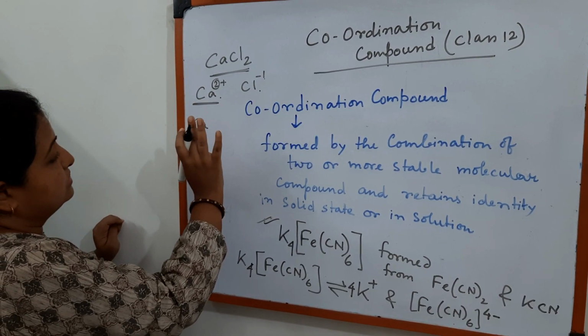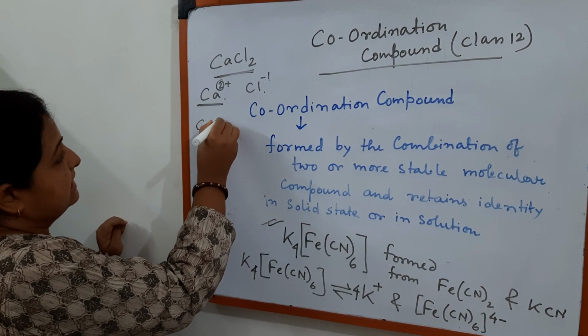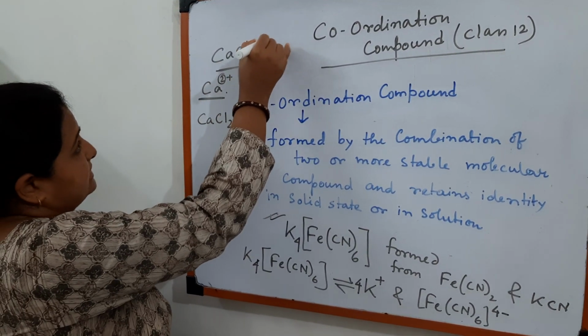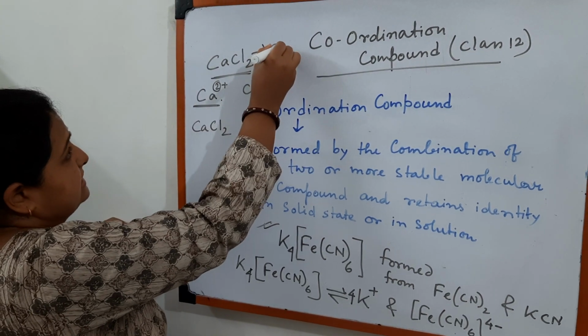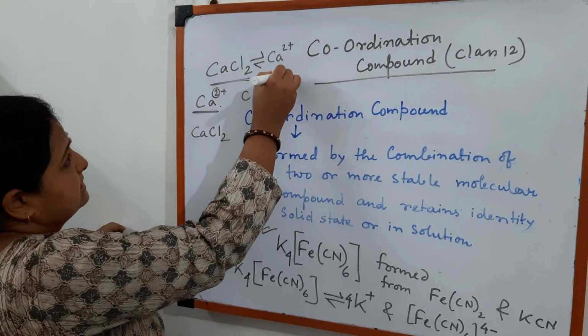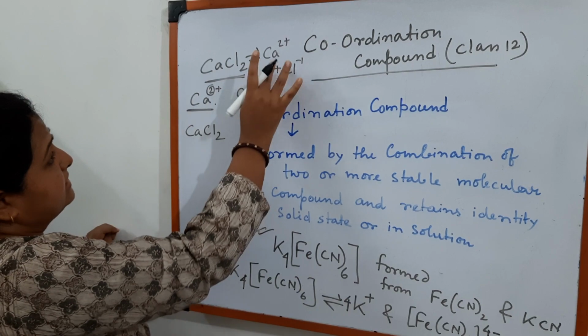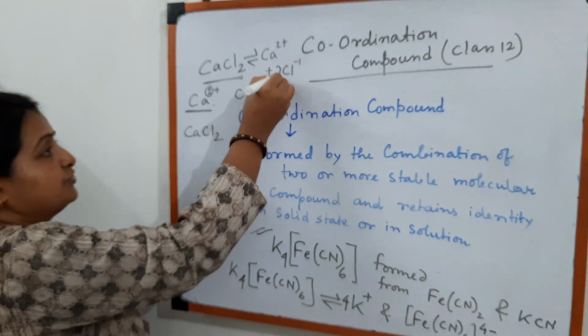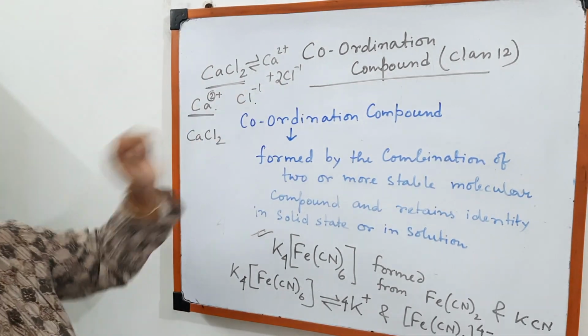Ca1, there is no need to write it, and Cl2 because of this. And when this salt dissociates, we get Ca2+ plus Cl-, but to balance the electrical neutrality, we should give 2 before the Cl-.